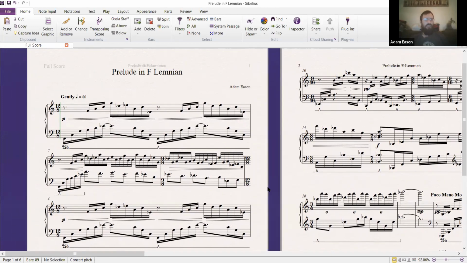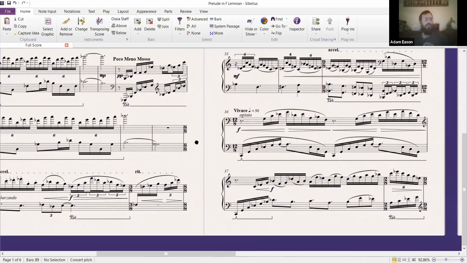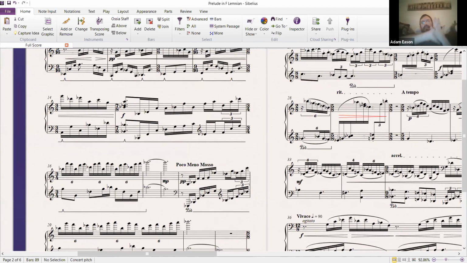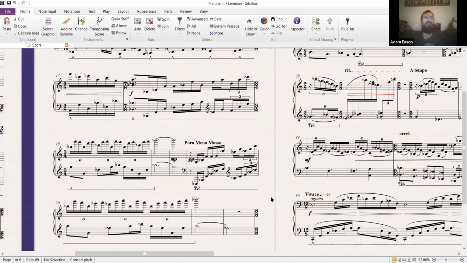I did have a goal in mind with this one to do an actual modulation from one key into another, and not just, say, Beethoven modulating from D major to A major, right?